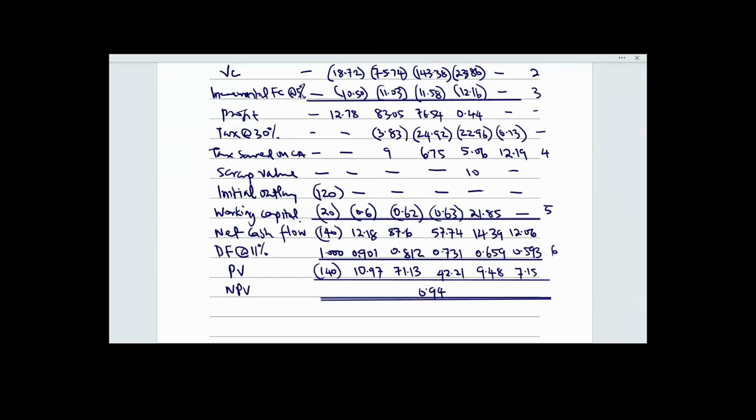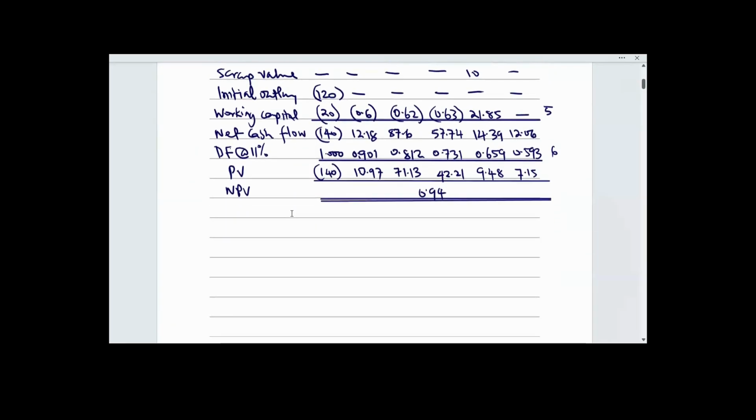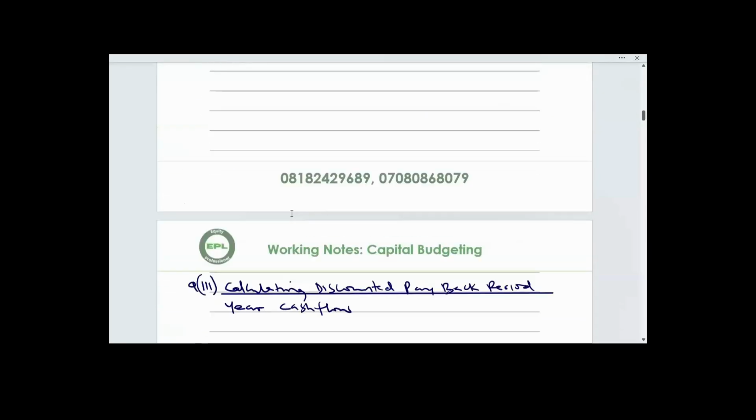I will just pick the present value for each year. But if I have not calculated present value before, immediately after cash flow, I will put discount factor, a column for present value, then a column for cumulative. But since I've calculated present value, I don't need to stress myself here. I will just have PV, then cumulative balance.